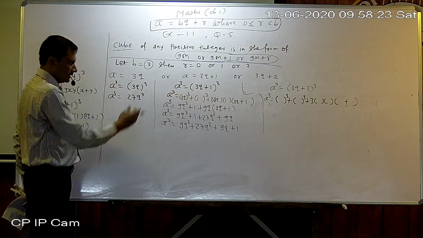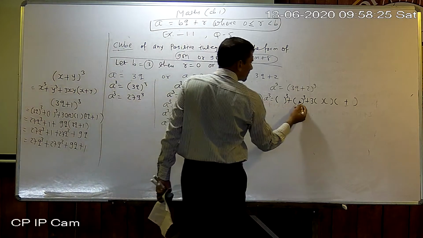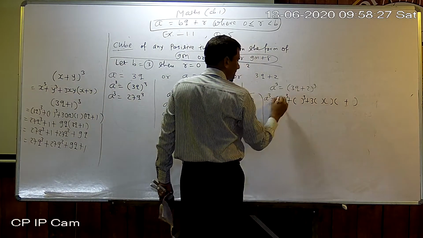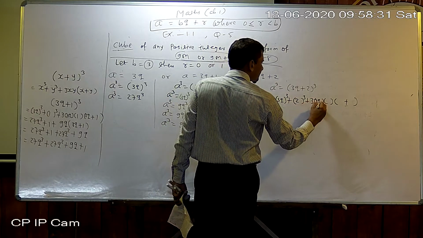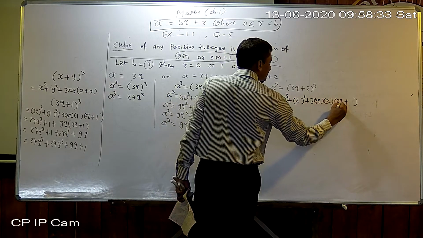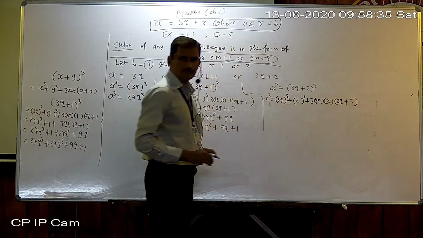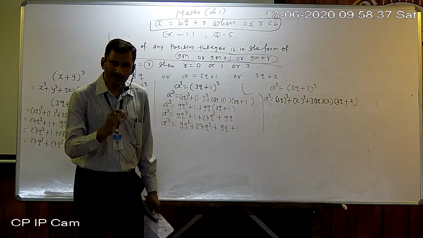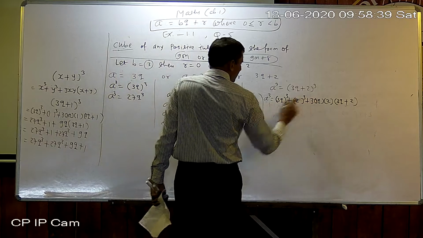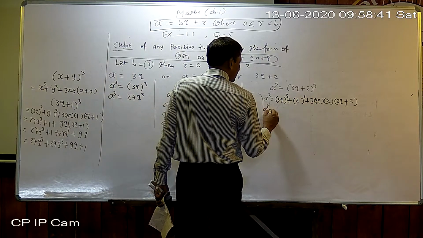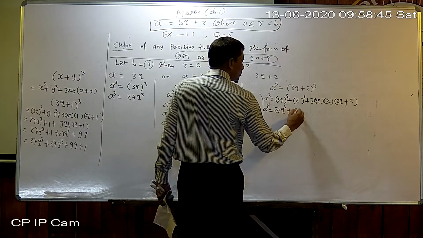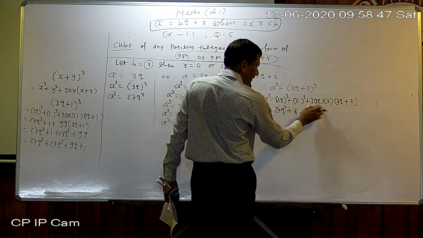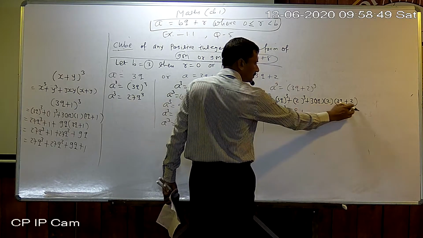Okay, now x cube plus y cube plus 3xy(x plus y). So write down here x, y, x, y, x, y. Okay, so x is everywhere 3q, y is everywhere 2. Now open this bracket. So a cube equals 27q cube plus 2 cube, plus just multiply all these three terms, not this bracket.